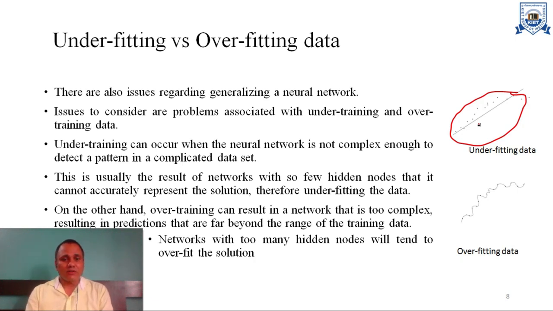On the contrary, overtraining can result in a network that is too complex, resulting in predictions that are far beyond the range of the training data. So again, this is the overestimation.